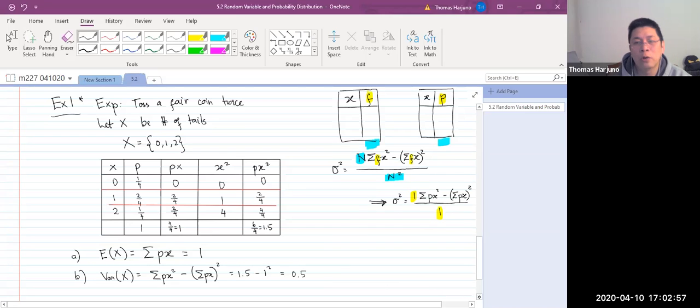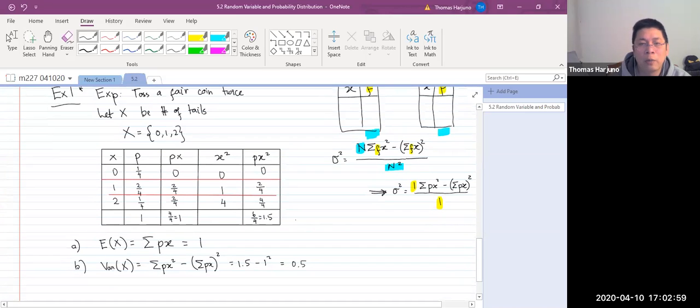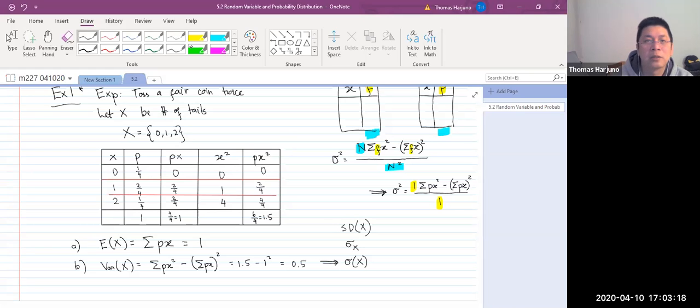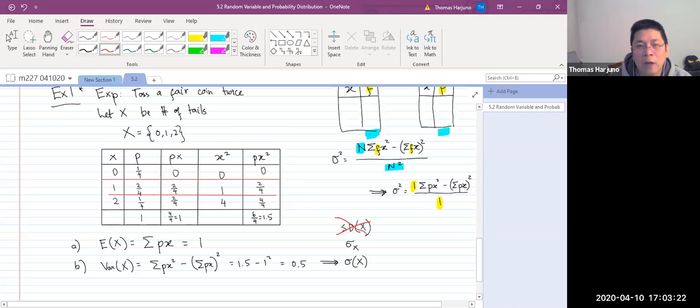Now, once we know the variance, then we will be able to know the standard deviation. The standard deviation of random variable x is denoted by sigma of x or sigma subscript x, but not SD of x, at least not in my class. This is not one of the accepted notations for standard deviation for random variable x.